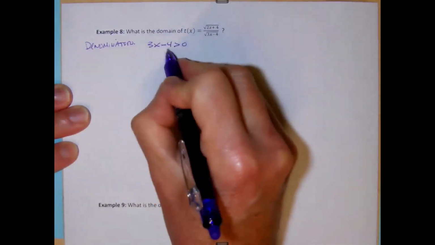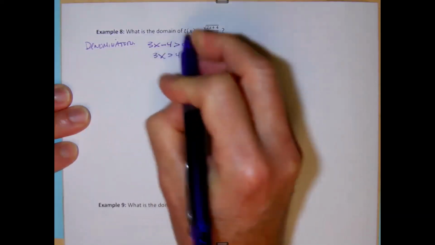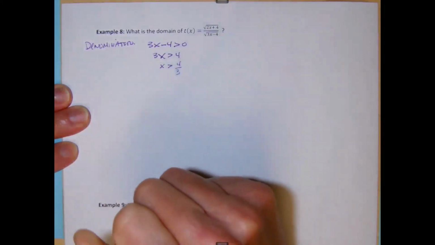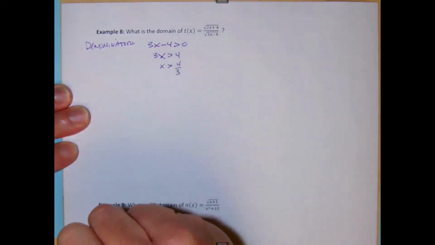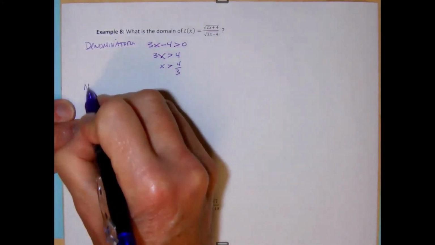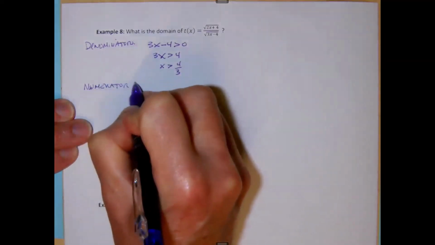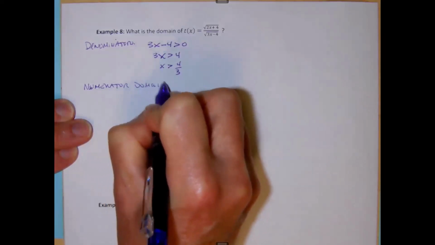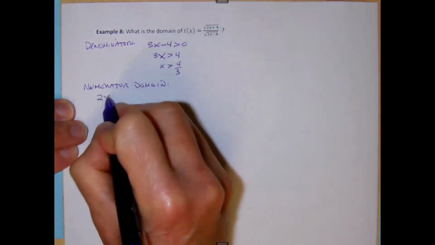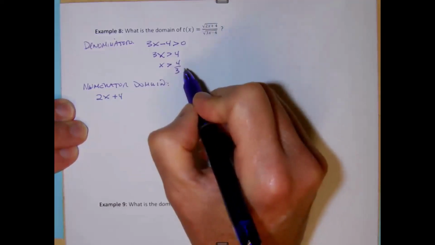I solve for this. I add 4 to both sides. Divide by 3. And I have x greater than 4/3. So that is the domain for the denominator. Numerator domain: I have now the fact that, again, this radicand cannot be less than 0.